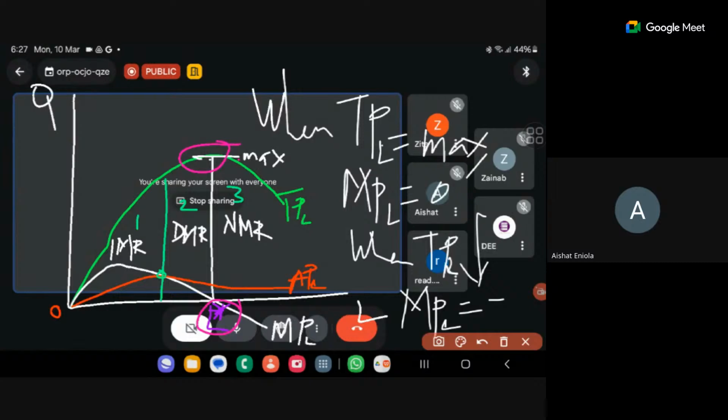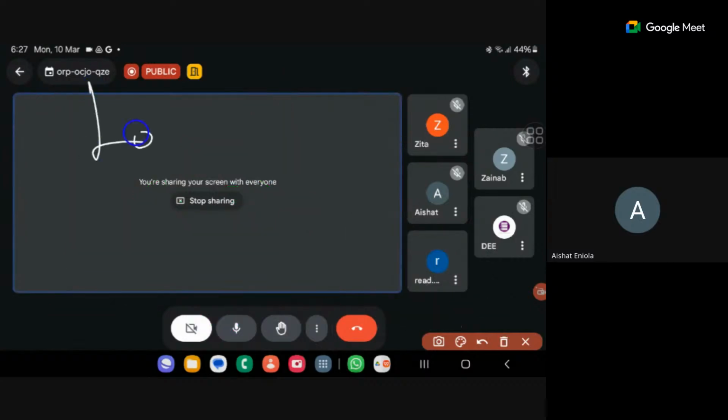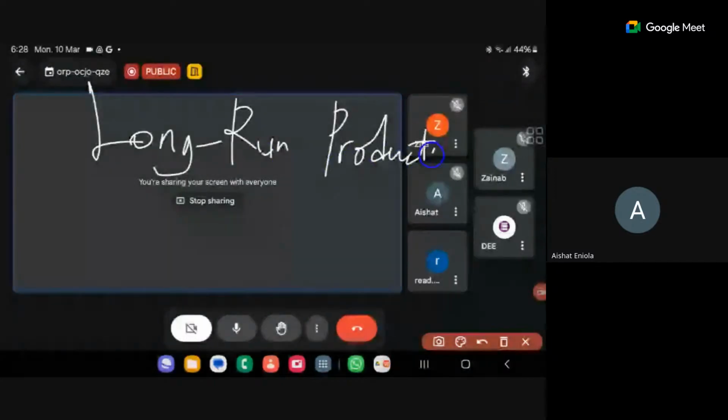Okay, now let's move to long run production. I talked about stages of production in the long run. Long run production analysis.